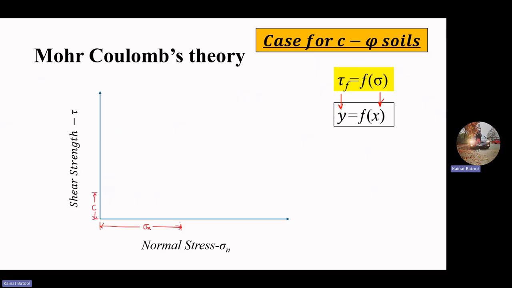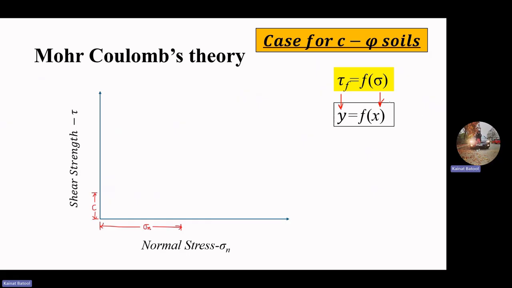We will plot it on the y-axis. So it's its internal property, the C value, and this is sigma n. So these are its internal properties, cohesion and sigma n values. Both these properties will be determined by lab experimentation, right?